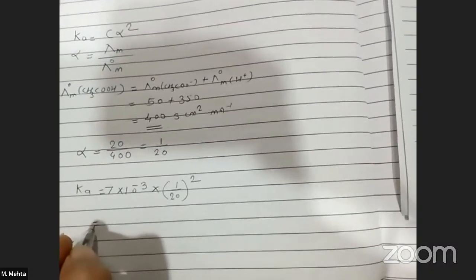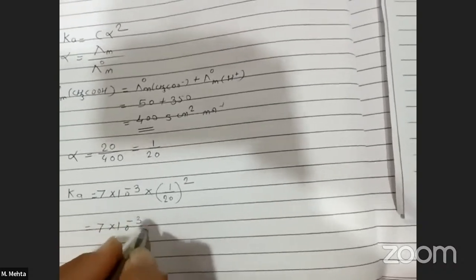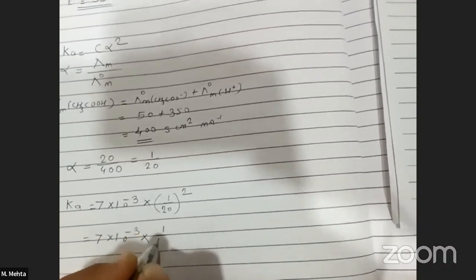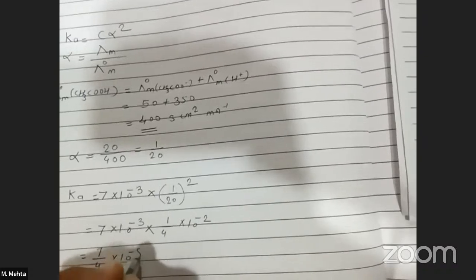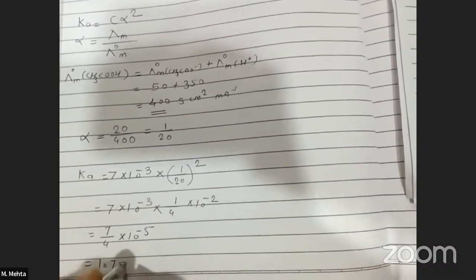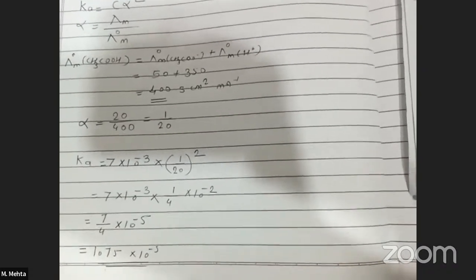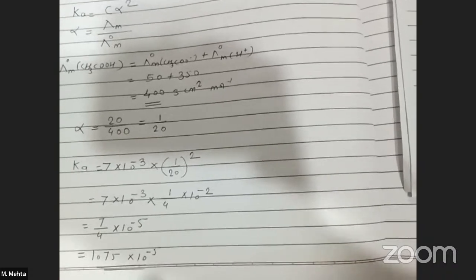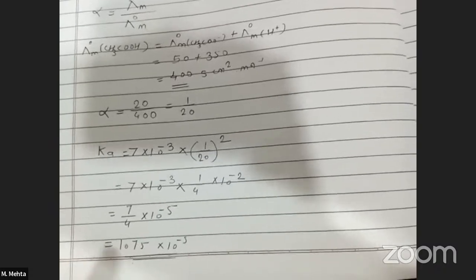By solving this, we will get 7 into 10 raised to minus 3 into 1 upon 4 into 10 raised to minus 2. It will be 7 by 4 into 10 raised to minus 5. So it is 1.75 into 10 raised to minus 5. So the answer will be option A, 1.75 into 10 raised to minus 5 mole per liter.